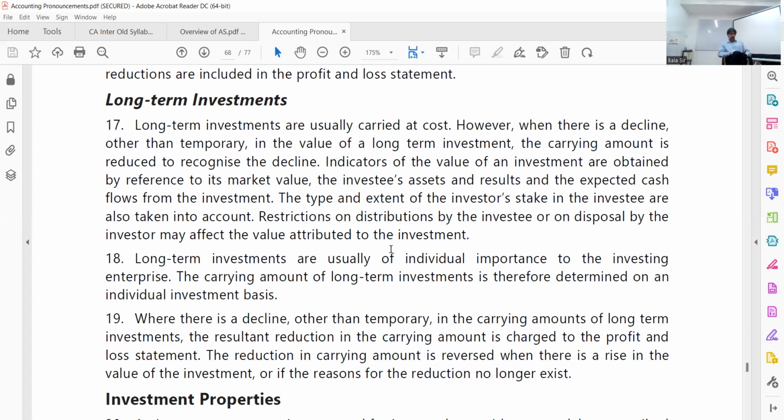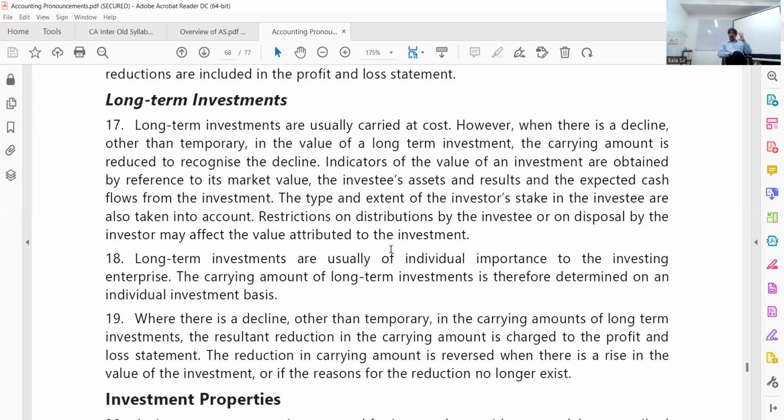Such reduction will be accounted for and taken to the profit and loss account, as in para 19. But to decide whether it's a temporary decline or not, you have to consider a lot of factors about the investee. What are the factors you consider? The assets, the results of the investee, and also the expected cash flow from the investment you're holding in the investee entity.